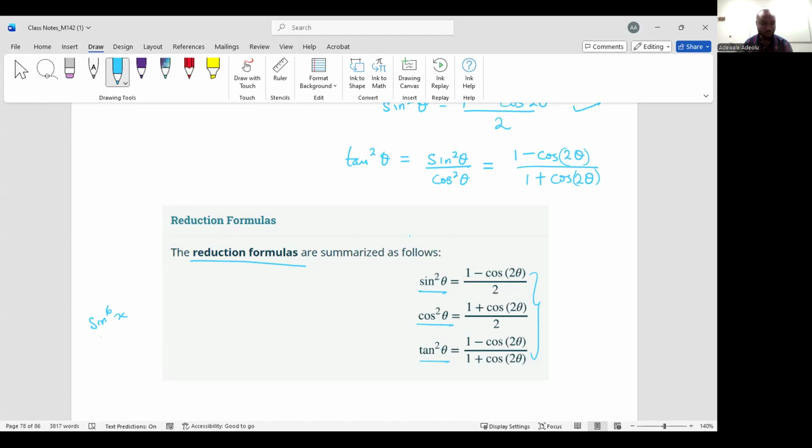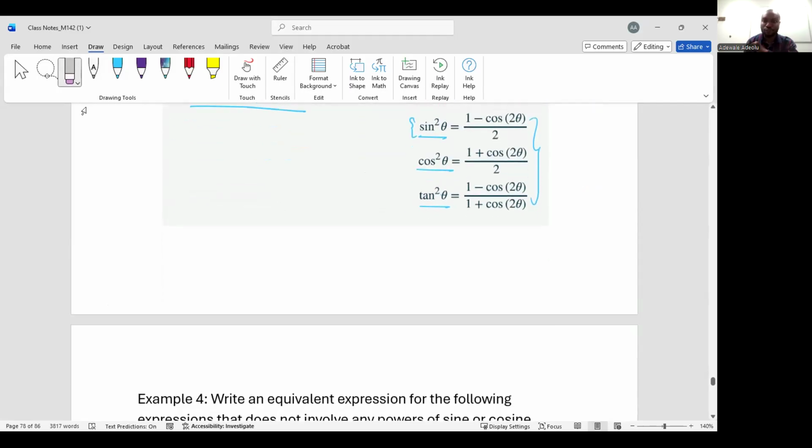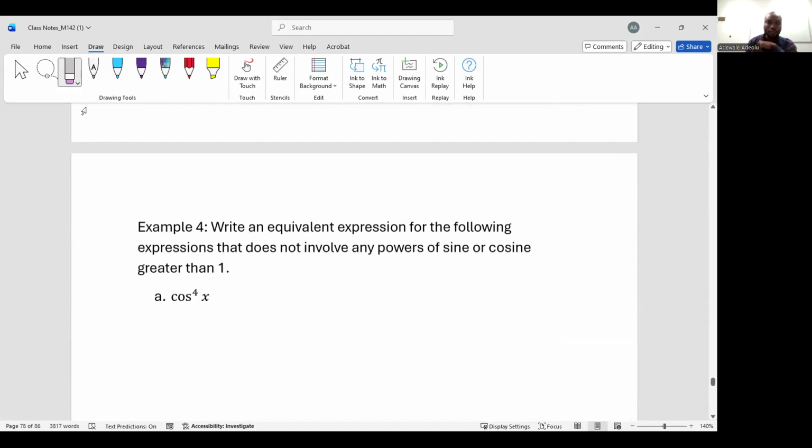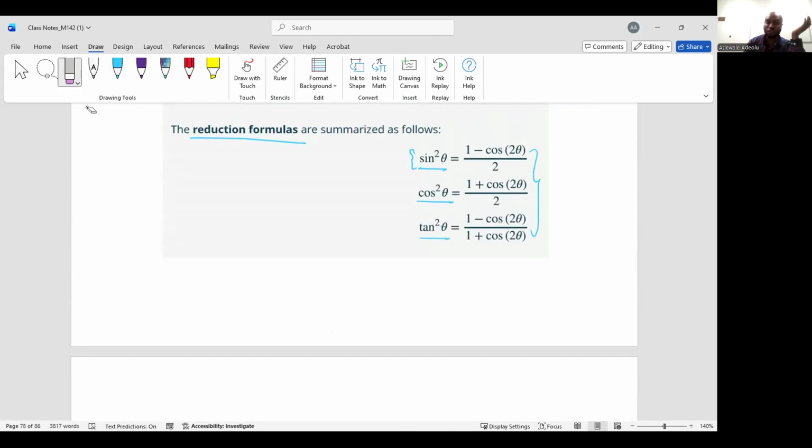For example, when you get to calculus class, you will be working on integration, or you will be dealing with some trigonometric functions that require you to reduce them to something like this before you can go ahead with your solution. Okay, so having known this, again, you do not need to memorize this. This will be provided if need be, or you can just put it on your cheat sheet.